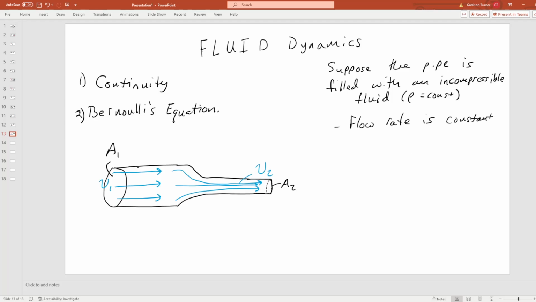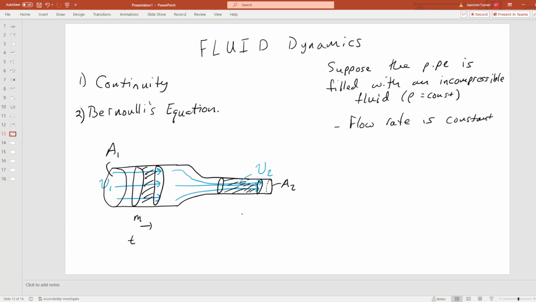In other words, if I look at a chunk of mass inside the larger area, this mass has to flow through the pipe in a time interval equivalent to that same mass in the smaller pipe.